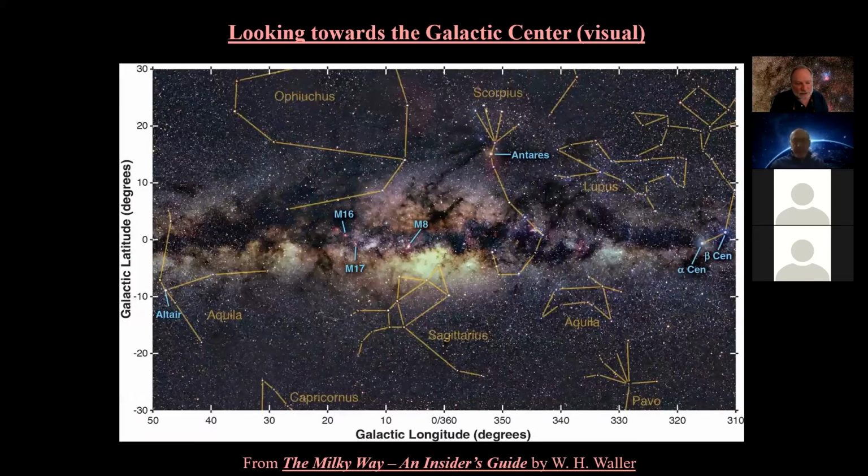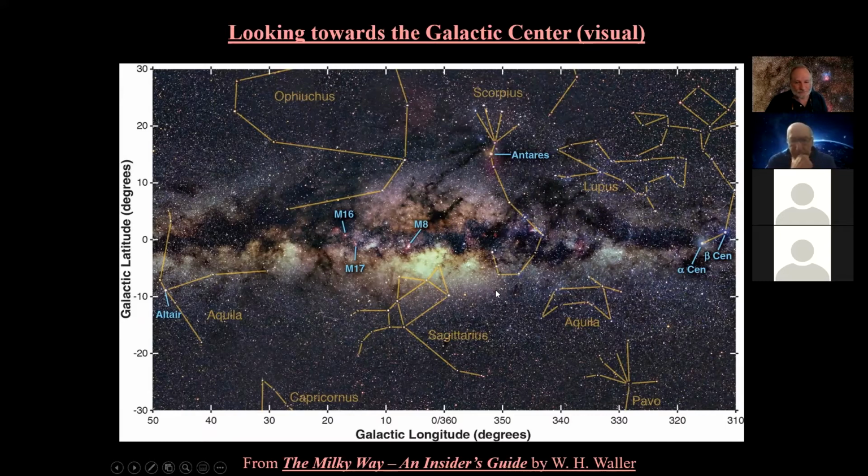So let's focus in on basically a 100-degree by 60-degree area centered on the galactic center. For the amateur astronomers, they're very familiar with the constellation of Sagittarius, the teapot, Scorpius, the scorpion with his little stinger.